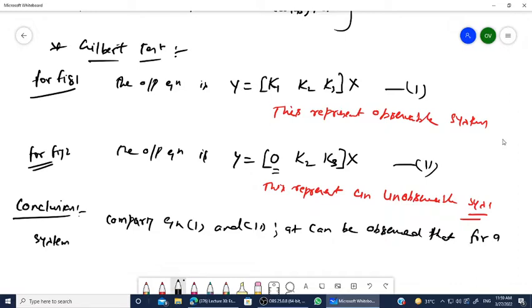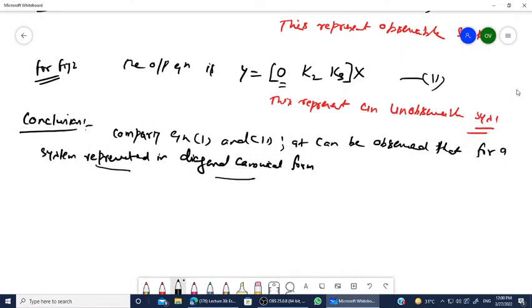By comparing equation number 1 and 2, it can be observed that for a system represented in diagonal canonical form. If the model equation is not in the diagonal canonical form, then you have to first convert it into the diagonal canonical form.